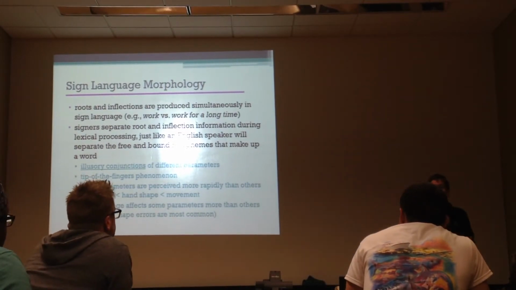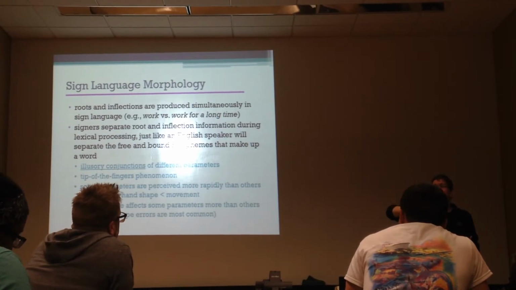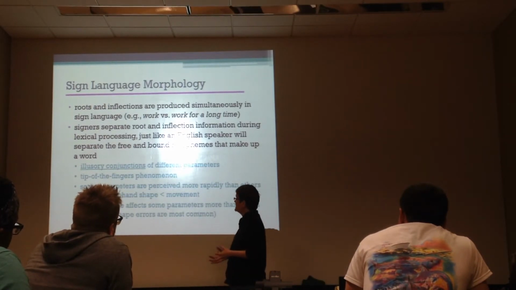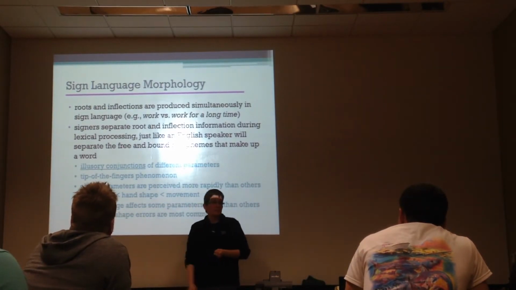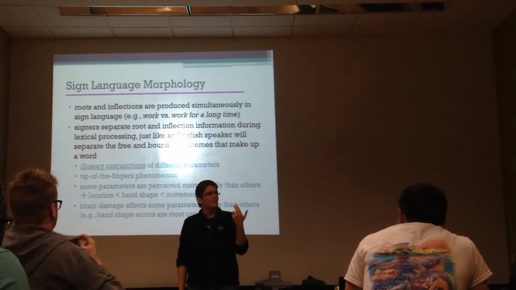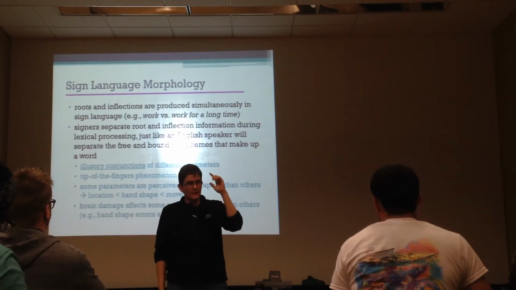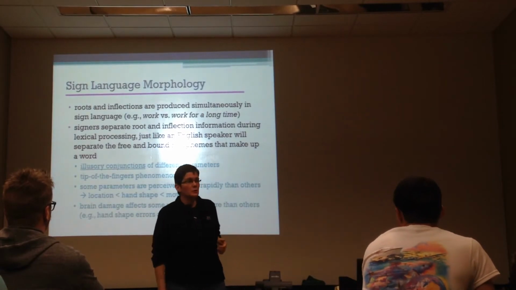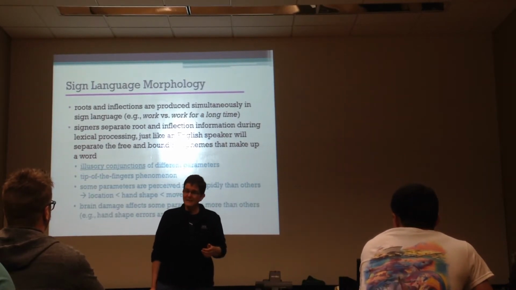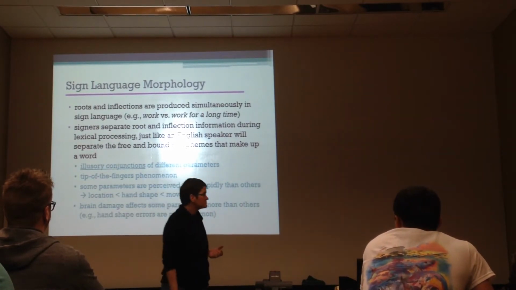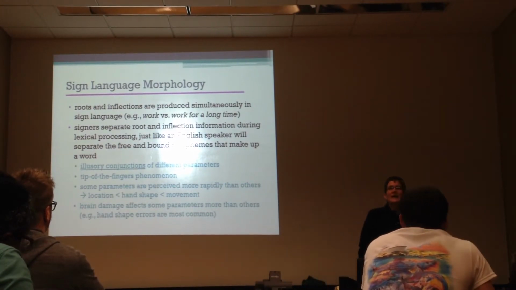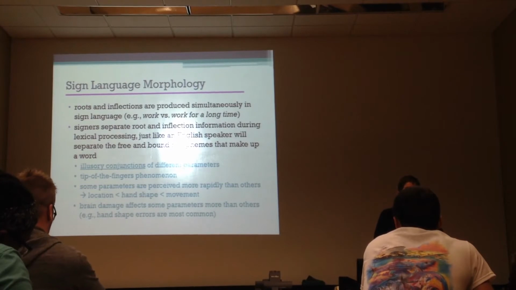We find that when signers experience brain damage, the parameter that's affected most often is hand shape. So I find this fascinating. There's a part of the brain, in the left hemisphere, that's located very close to the base of the motor cortex. It's called Broca's area. And Broca's area is responsible for helping us coordinate the articulators of speech.